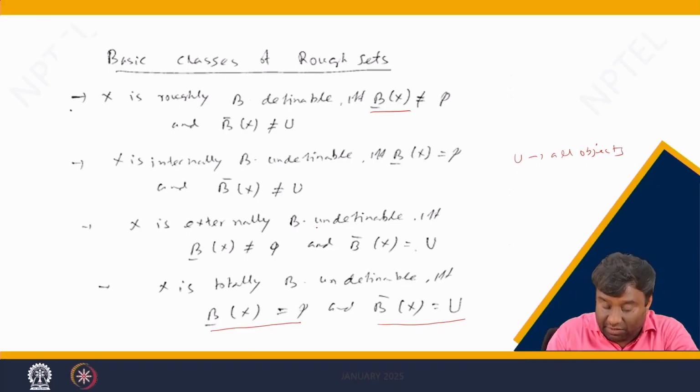X is externally B undefinable if and only if the lower approximation is not equal to the null set and the upper approximation is equal to the total set of objects.